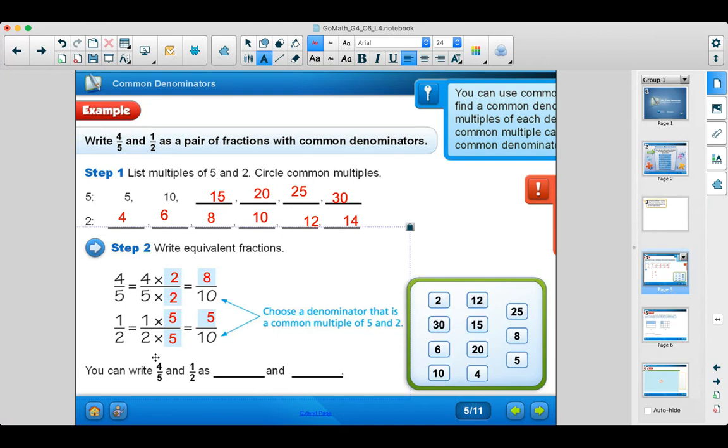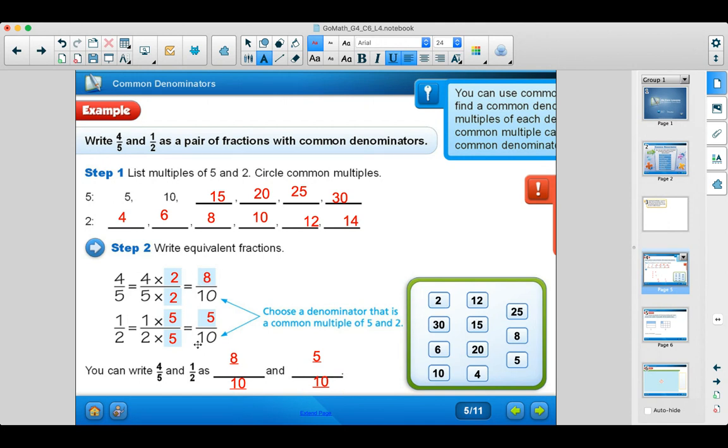So you can write 4/5 as 8/10, and you can write 1/2 as 5/10.